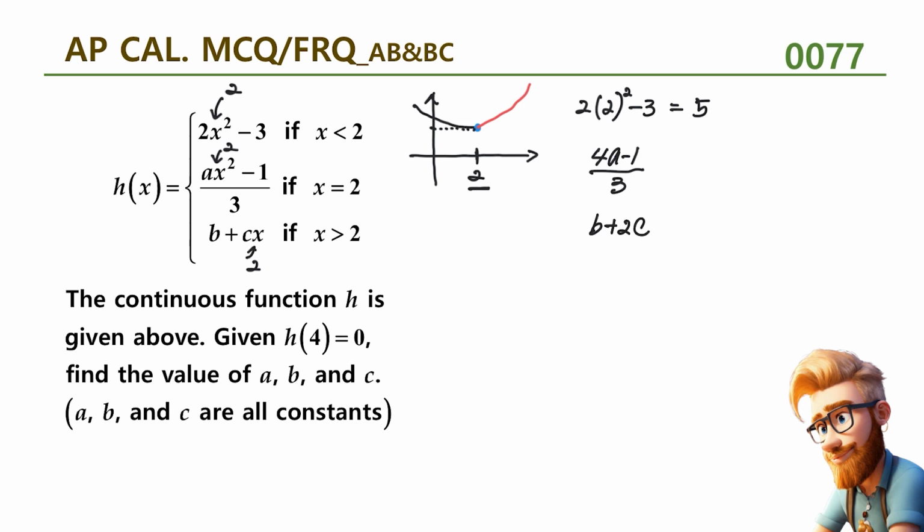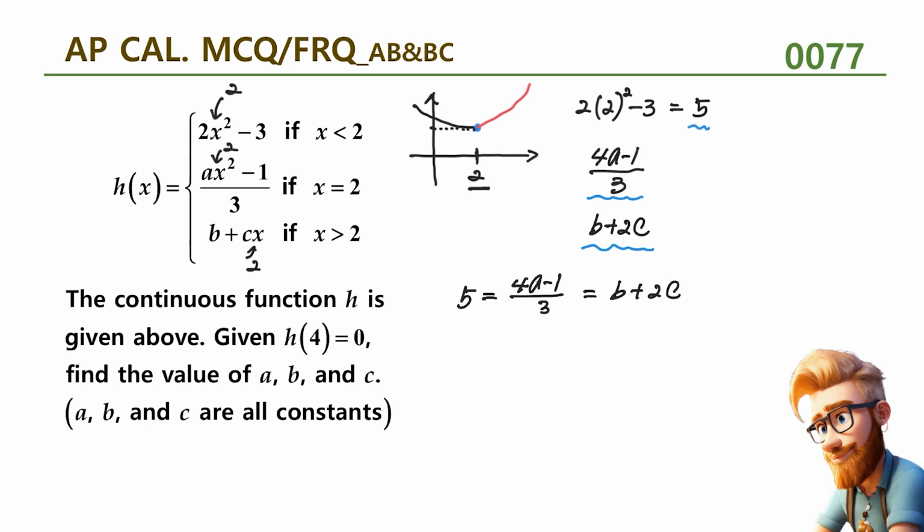Okay, so far so good. So this value is equal to this value, and it is also equal to this value right here, right? So let me rewrite the equation. 5 is equal to (4a minus 1) over 3, which is equal to b plus 2c.